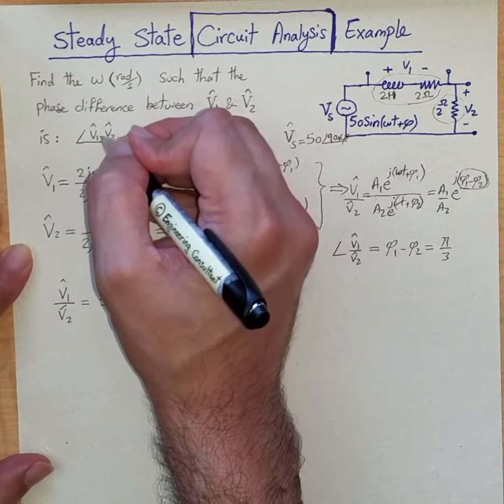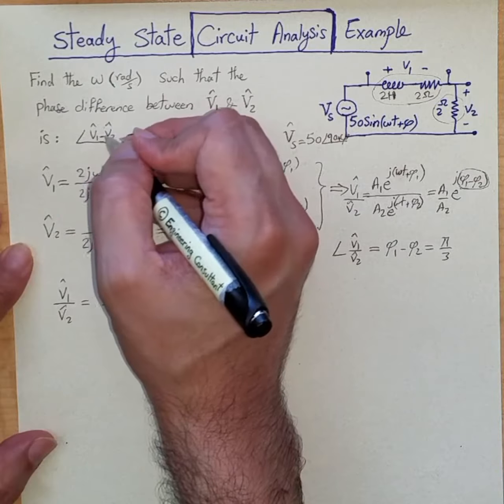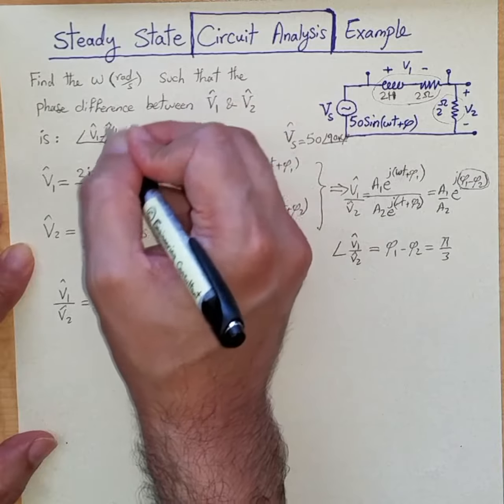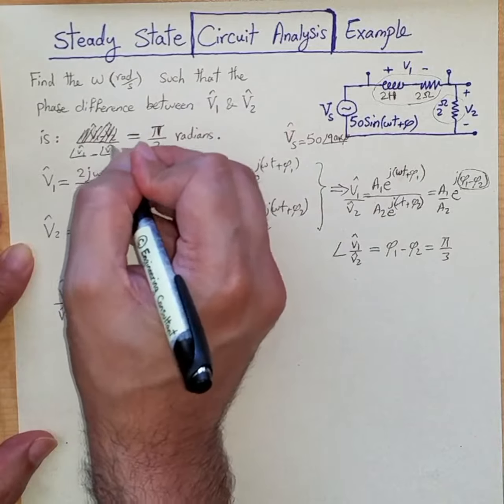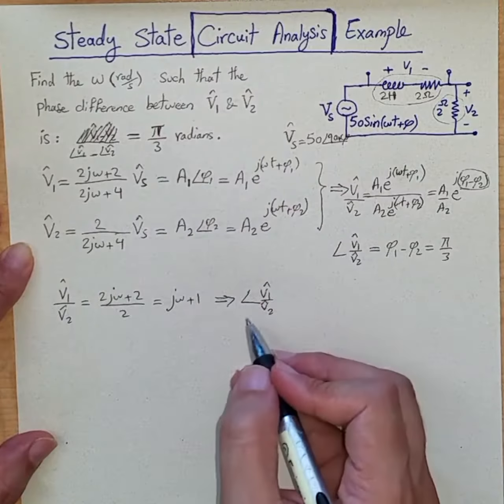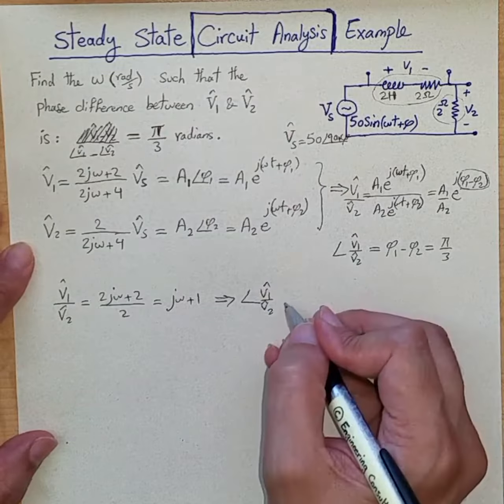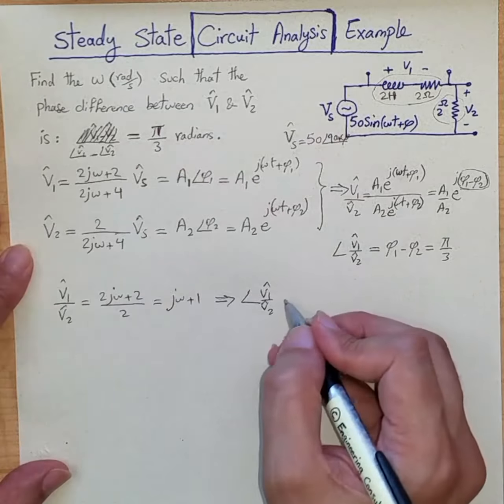So by this we mean the phase of V1 minus phase of V2. This is not the correct representation. It should be phase of V1 minus phase of V2, which is effectively phase of V1 divided by V2. So be careful about this.